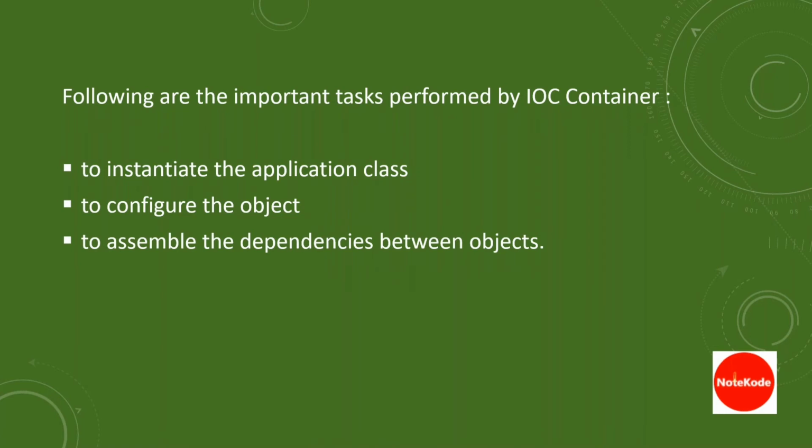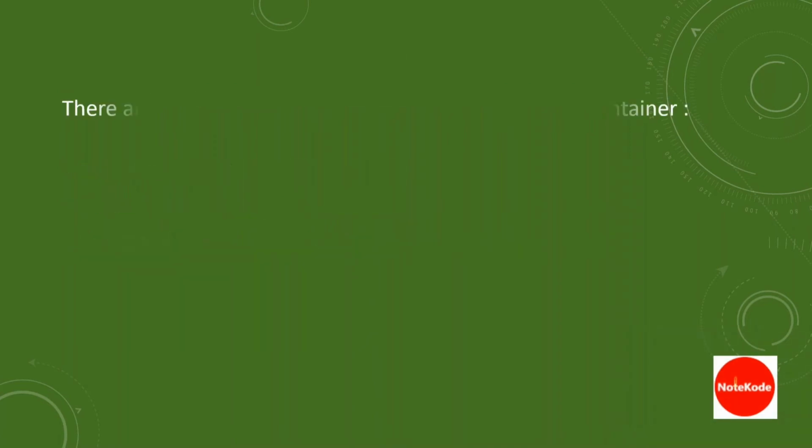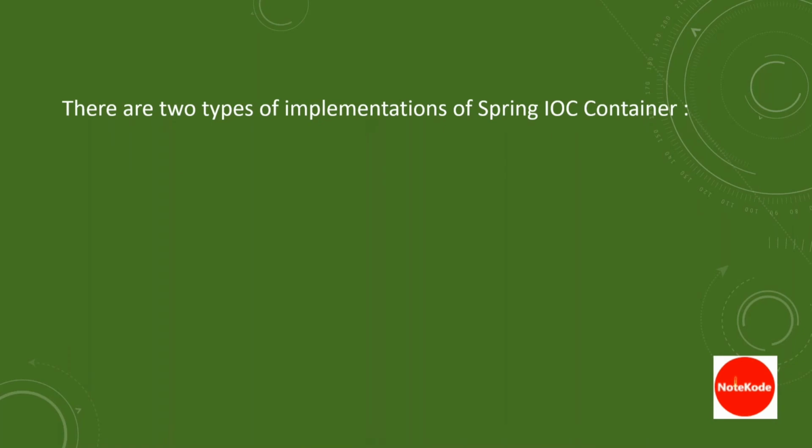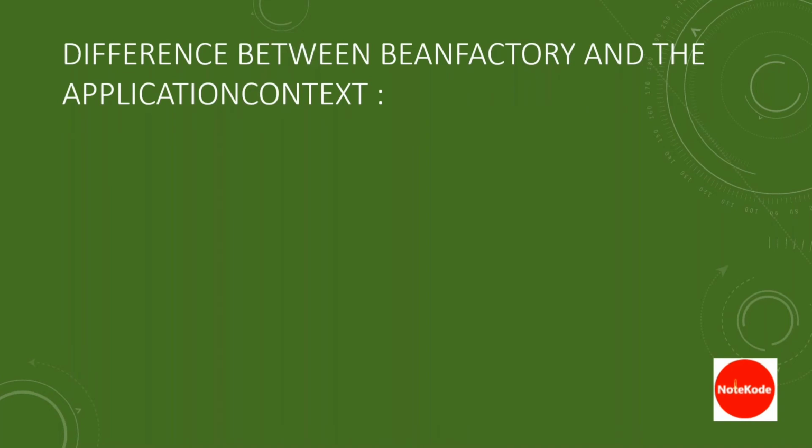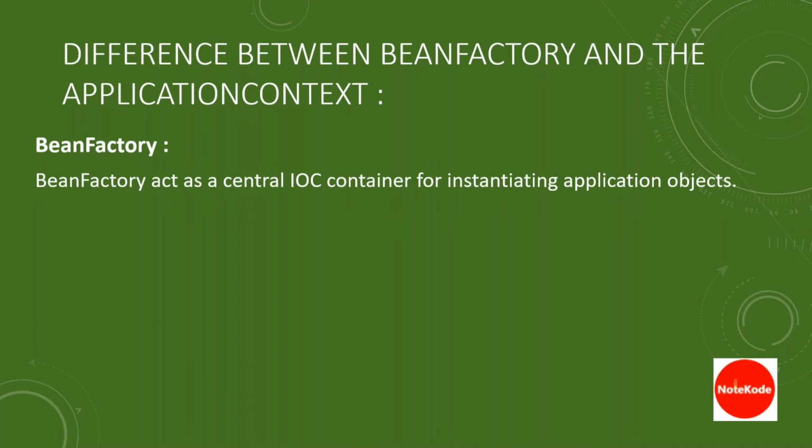Let's see how many types of Spring IOC container there are. There are two types of implementations of the Spring IOC container. First, Bean Factory, and the second, Application Context. Difference between Bean Factory and Application Context. Bean Factory acts as a central IOC container for instantiating application objects.